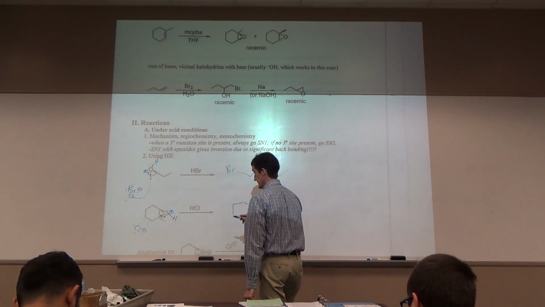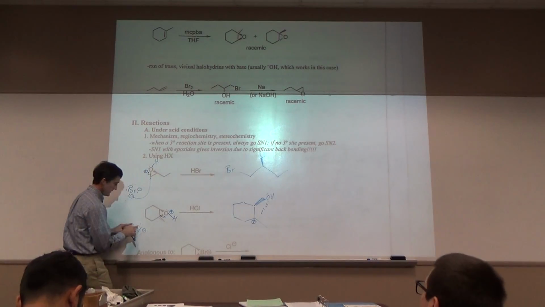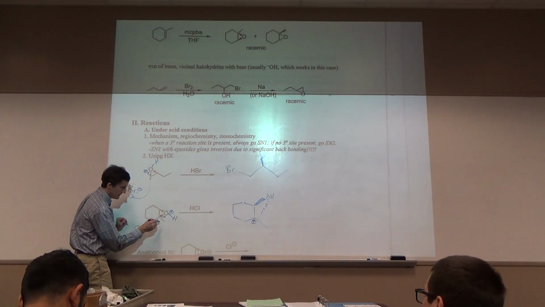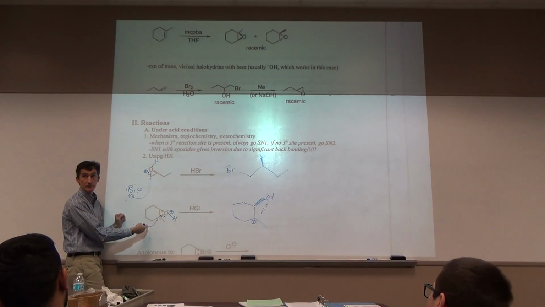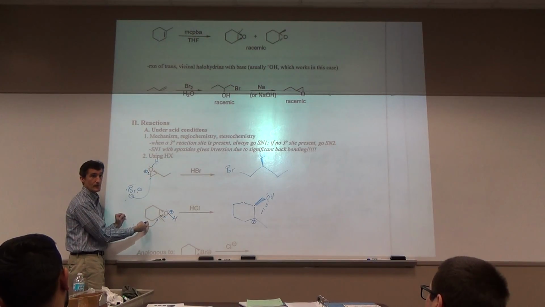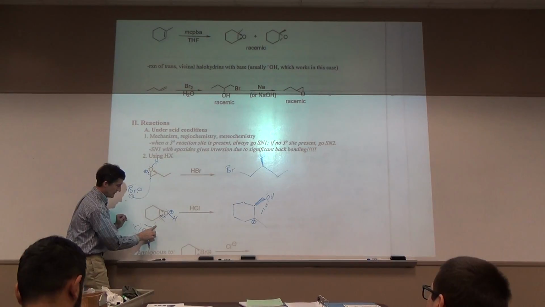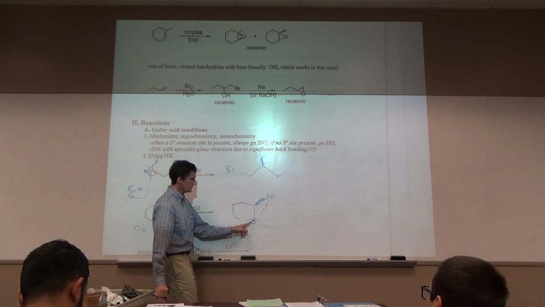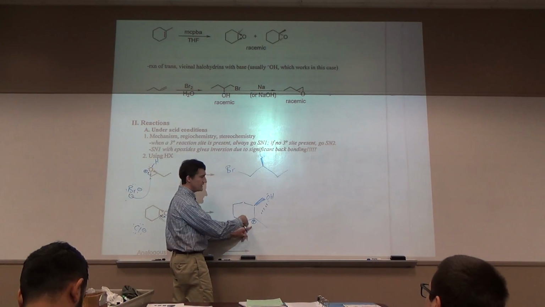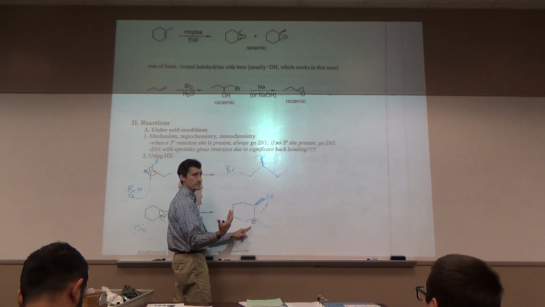And it's hard to show this because I could show it right here. But if I attack here, kick that off, that's SN2. So I can't just do that. But I also can't just show a free cation because we know if we attack that, I should get racemic.